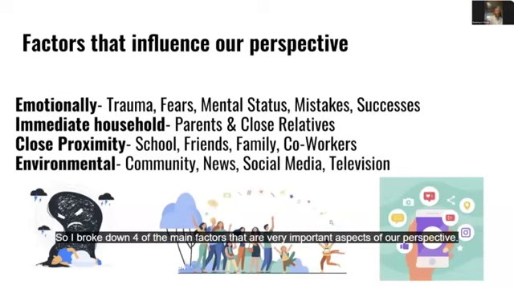So I broke down 4 of the main factors that are very important aspects of our perspective. Emotionally, we have things that were traumatic to us, things we fear, our mental status, whether we have anxiety, depression, ASD, any type of mental characteristic that makes us slightly less neurotypical.